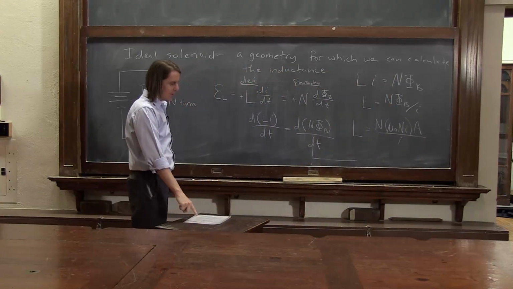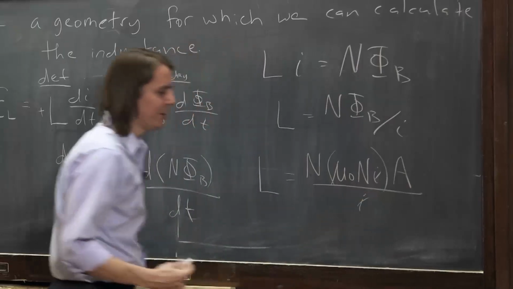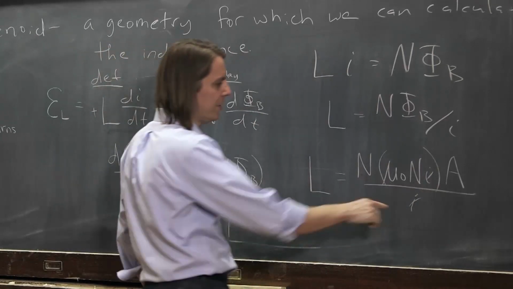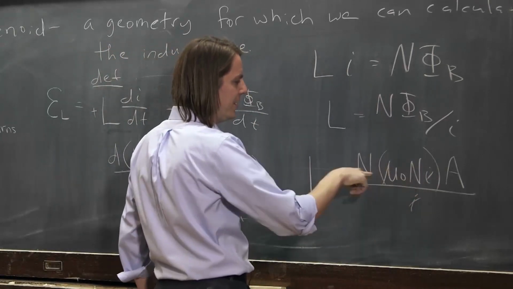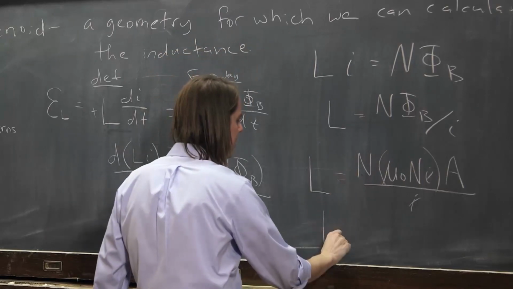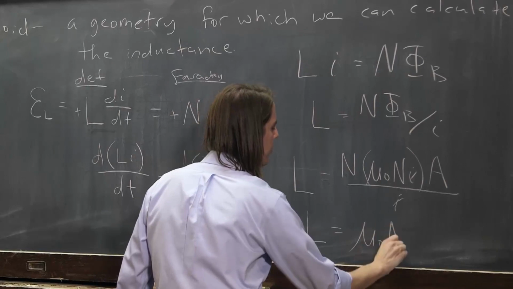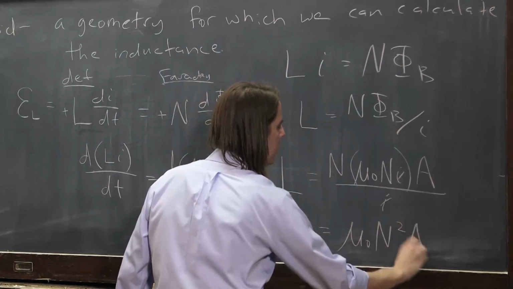And if we put all that together, then what's going to happen? Let's see. So the I's go away. That's good. The inductance shouldn't depend on the actual current. It should be a constant for the device. We have N squared here, mu naught and A. So the inductance then for this ideal solenoid is mu naught, the total number of turns squared, times the area.